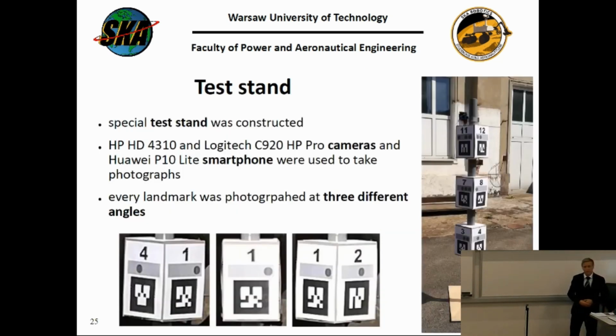In order to measure the performance of my algorithm, I prepared a special test stand, which consists of 3 cameras and, of course, landmarks. Every landmark was photographed at 3 different angles: the first perpendicular to the camera, and then rotated by 45 degrees to the left and to the right.